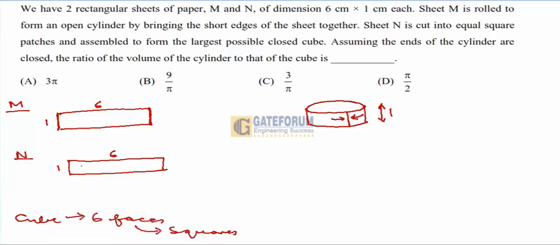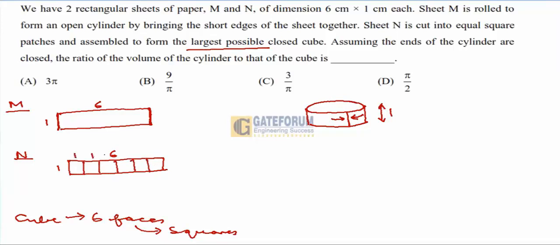Naturally, I must divide this into 6 parts, each of them being a square. Mind it, largest possible closed cube. So the dimensions must be the maximum possible. So the best way to divide that is, as we can see, like this. Divide it into 6 equal parts.